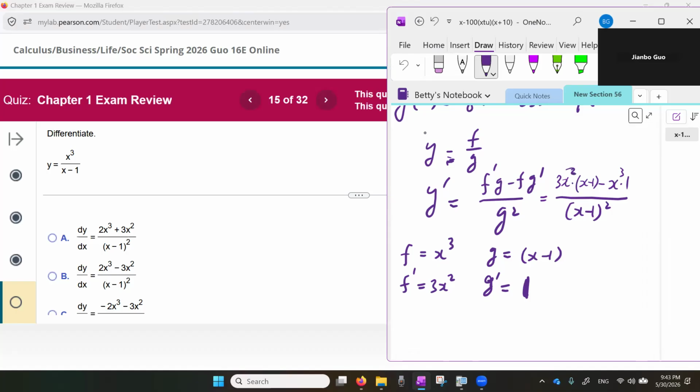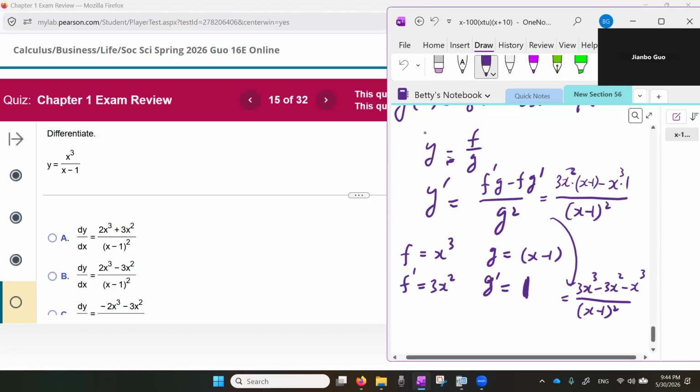We're going to simplify the numerator. Distribute. 3x squared times x is 3x cubed minus 3x squared, and then minus x cubed. So those two terms can be combined as 2x cubed minus 3x squared all over x minus 1 to the power 2.